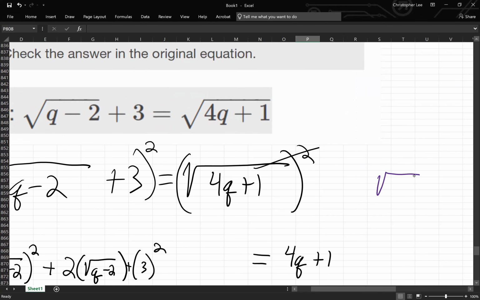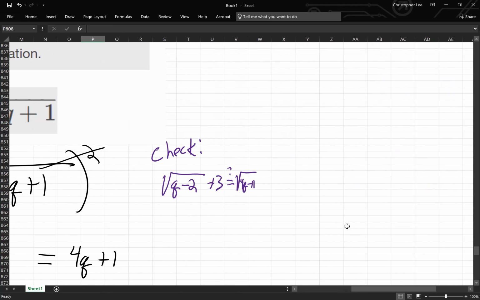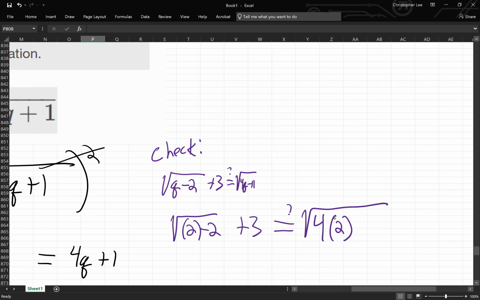So allegedly, the square root of q minus 2, plus 3, is equal to the square root of 4q plus 1. This is a check, by the way. So I'm saying if I plugged in 2, minus 2 plus 3, that should equal the square root of 4 times the 2 plus 1.